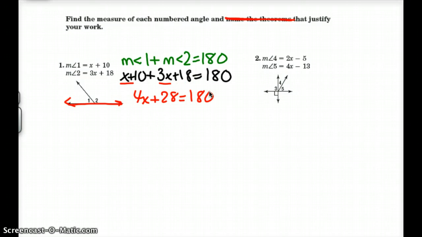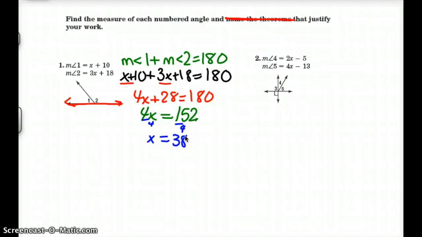Go ahead and move your 28 to the other side. 4x equals 180 minus 28, which is 152. Go ahead and divide by 4. x equals 38. Now this is not the answer.